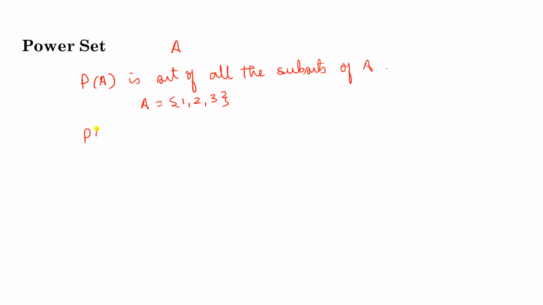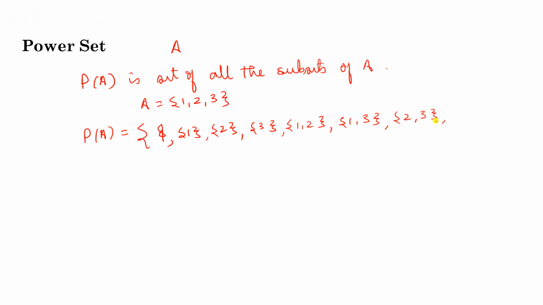Now power set of A will include all the subsets of A. First we will start with phi, then the singleton sets {1}, {2} and {3}. Now we will write {1, 2}, {1, 3} and {2, 3}, and finally the set A itself, {1, 2, 3}.